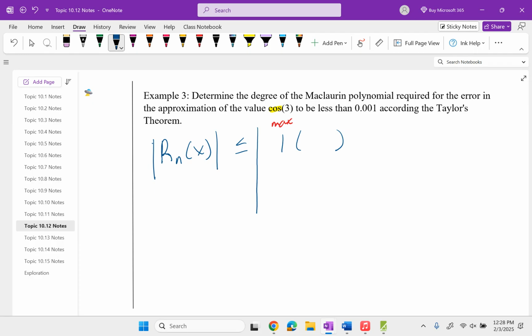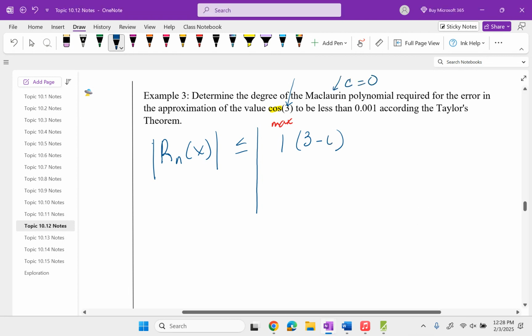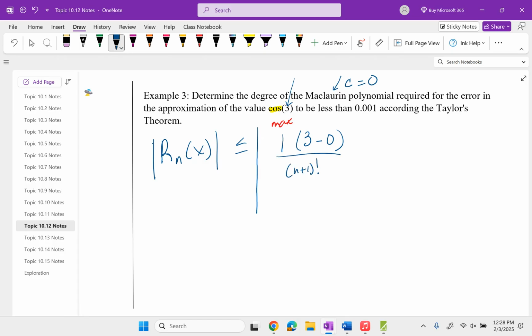So what's the value I'm evaluating at? What's it say? 3. Then I need my c. If it's a Maclaurin, what's the c value? 0. So 0. Okay. I do not know. I know there's got to be n plus 1 factorial and then to the n plus 1. I do not know what those are. Okay. But I do know that it has to be less than this number right here.